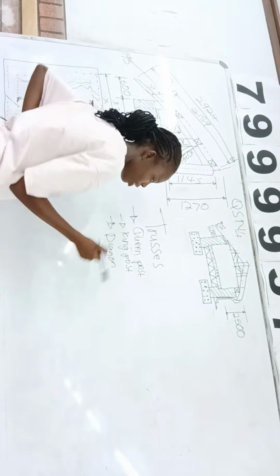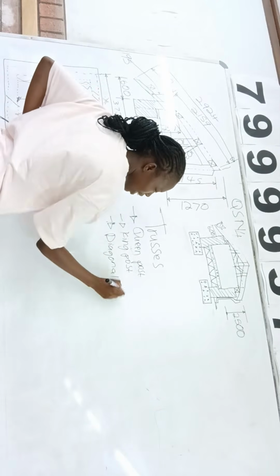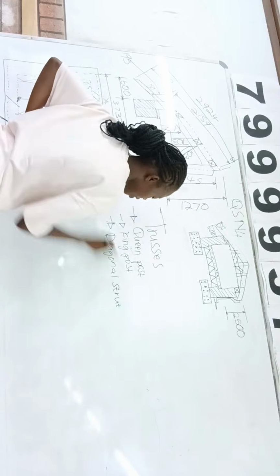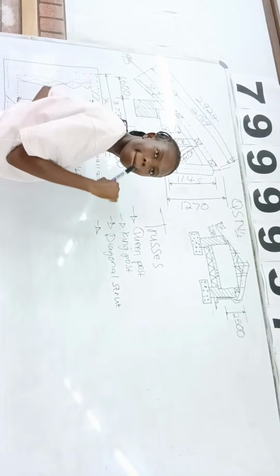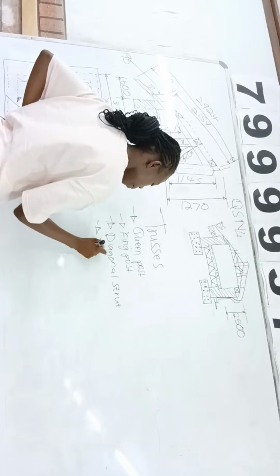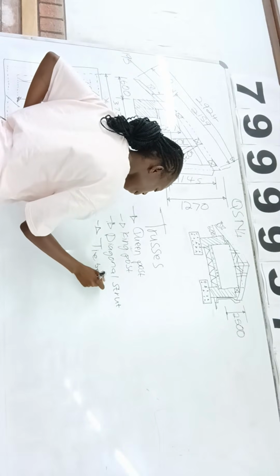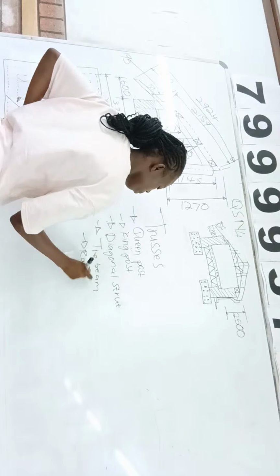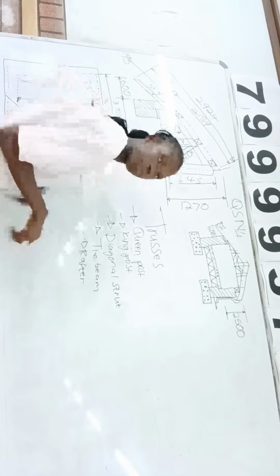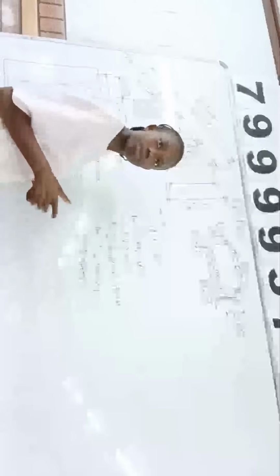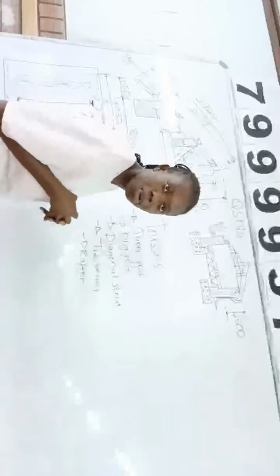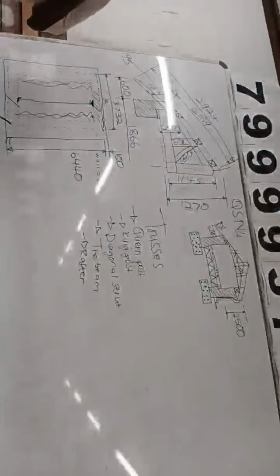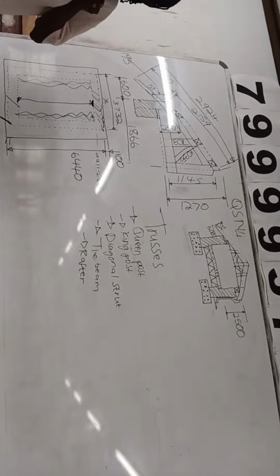Diagonal strut, then tie beam, rafter. What else? Are they complete? Yeah.